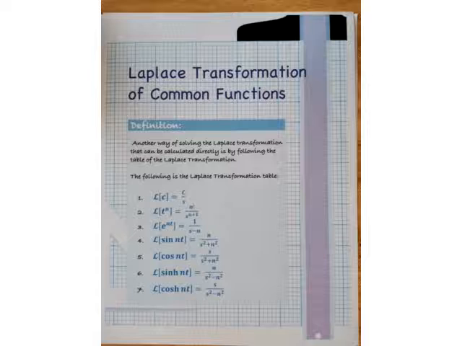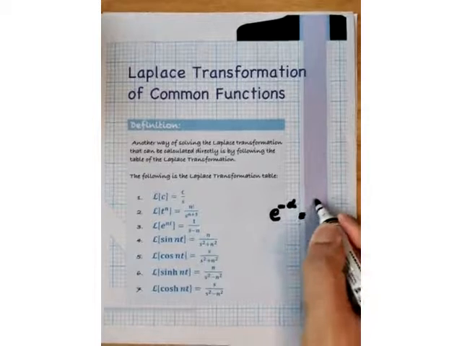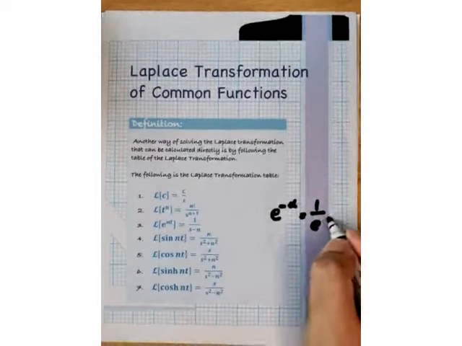Okay. And then, ayan. So, ang e raised to negative infinity is approximately what? Approximately, what do you think? E raised to negative infinity. So, what do you think is e raised to negative infinity? Okay, so that's equal to 1 over e raised to infinity.